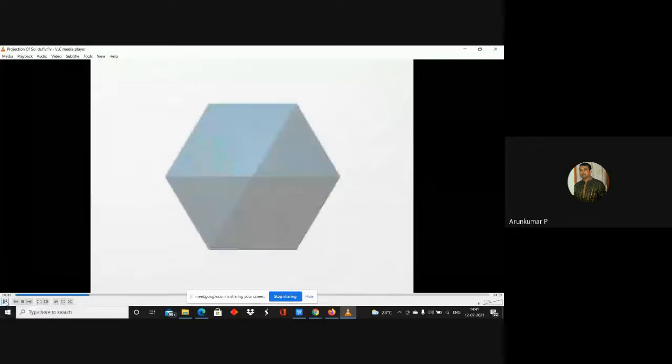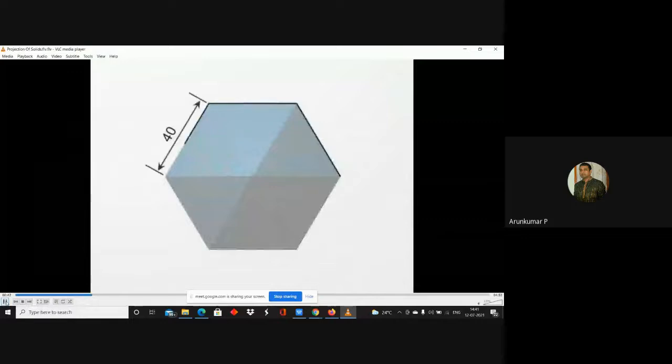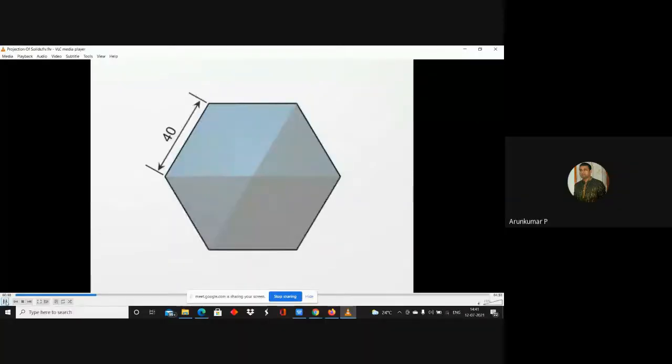This is the top view. The hexagon is drawn on 40 mm, and then the opposite corners are joined, giving the 6 lateral edges.